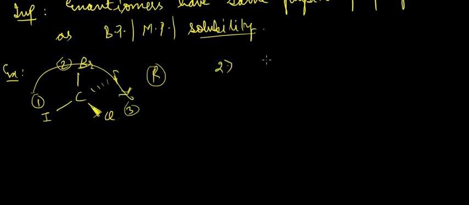Let's look at another example. Here we have chlorine. Chlorine is away from the plane. So yeah, we have bromine, we have iodine and fluorine. Okay, fluorine is coming towards the face.